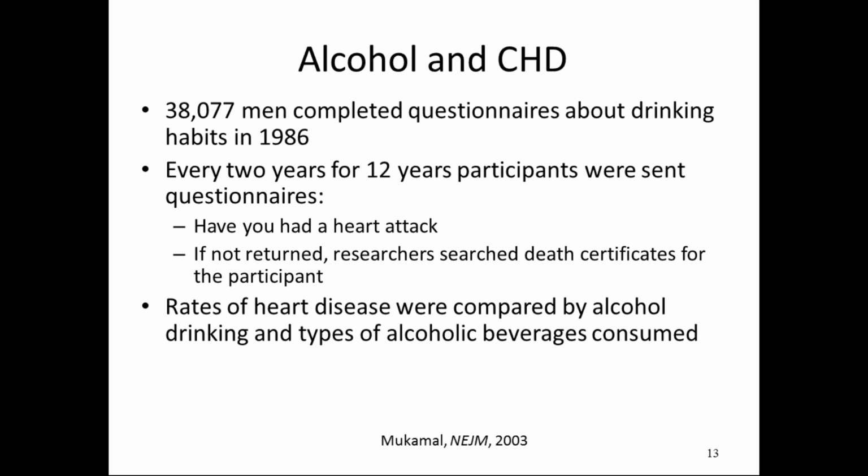They're probably drinking socially, moderately, and their MI rates were lower. In the wine drinking areas, the wine looked the most protective, and in the beer drinking areas, the beer was the most protective. So what they concluded was that there are social aspects that go along with it, but probably the biologic effect is the alcohol, and not the other constituents of the alcoholic beverages.